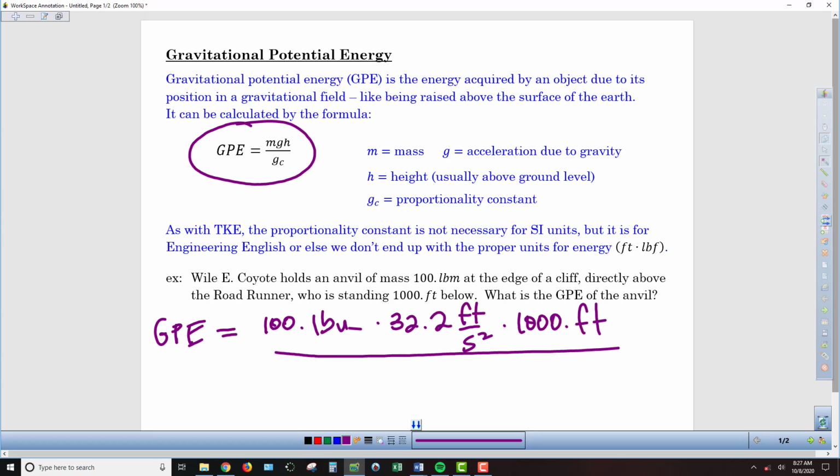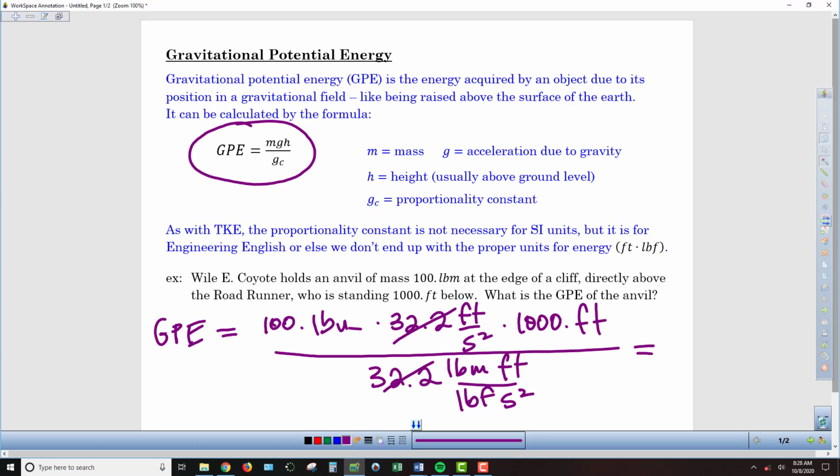And then, of course, with a mass given in pound mass, we're going to use our 32.2 pound mass feet over pound force second squared. And so our 32.2's cancel out in this case. We've done this enough times that hopefully we know the units are going to work out for us into foot-pound force.